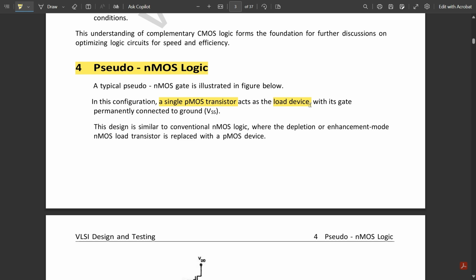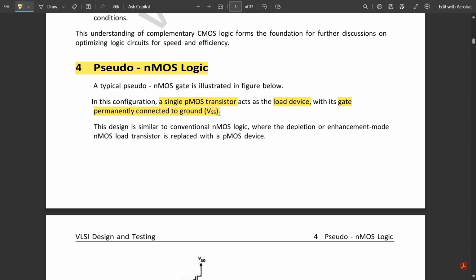In pseudo NMOS logic, in the pull-up part, we have only one single PMOS transistor, with its gate permanently connected to ground. It means that the PMOS transistor would be on forever. It remains in the on condition forever.